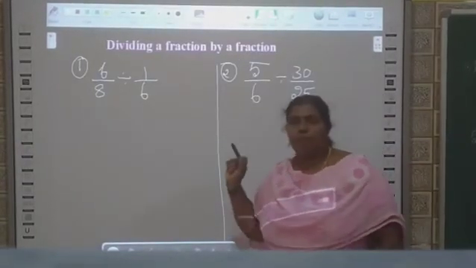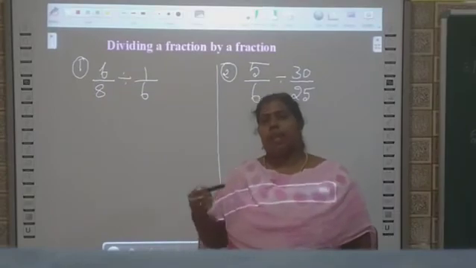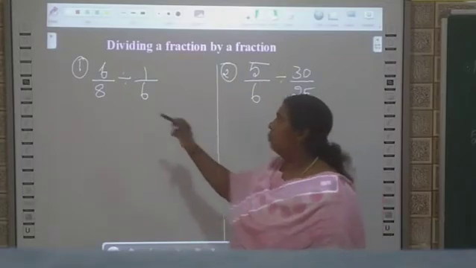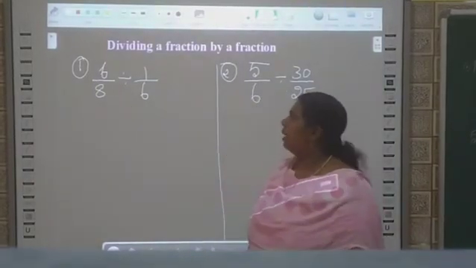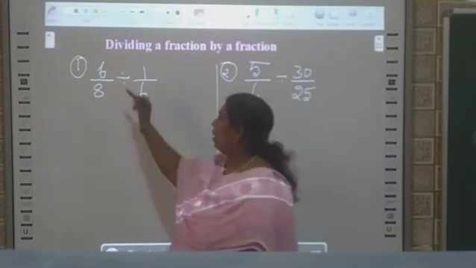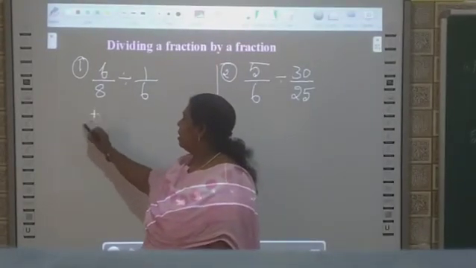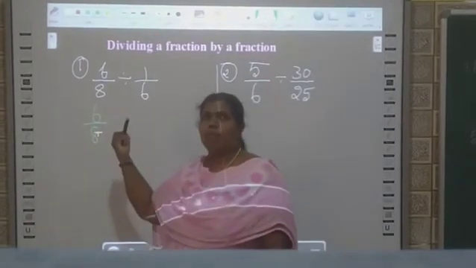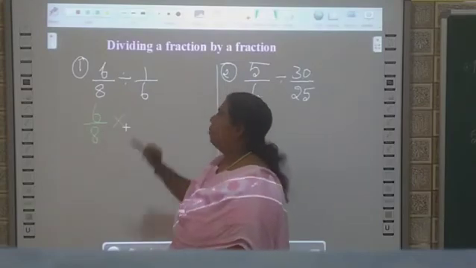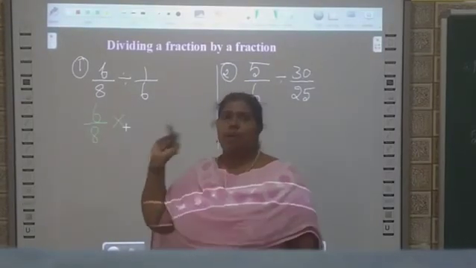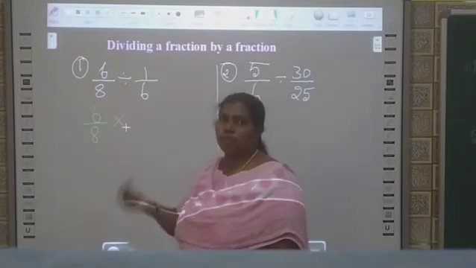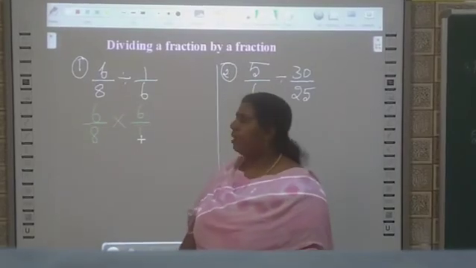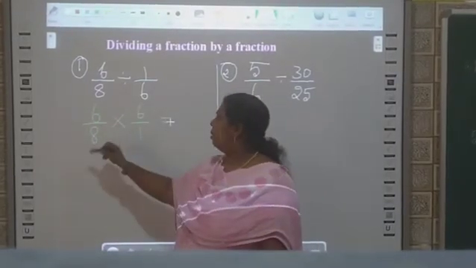Dividing a fraction by a fraction. First we discussed dividing a fraction by a whole number, right? Now dividing a fraction by a fraction. See, both are fractions. How can we divide? What is the first step? We have to write the first fraction as it is, 6 divided by 8. Next step, change the sign to multiplication. Then take the multiplicative inverse or reciprocal. Now check, is it possible to reduce?